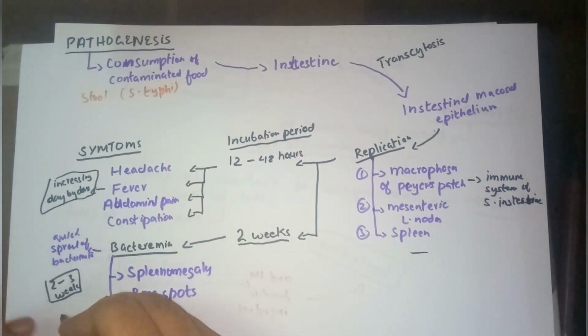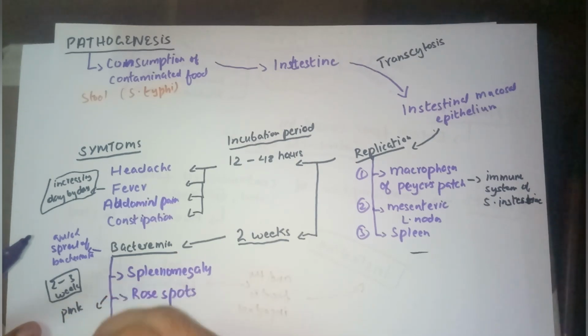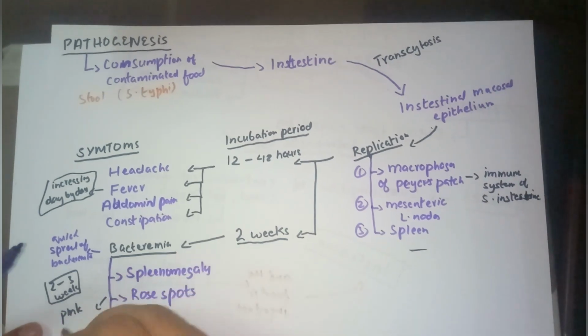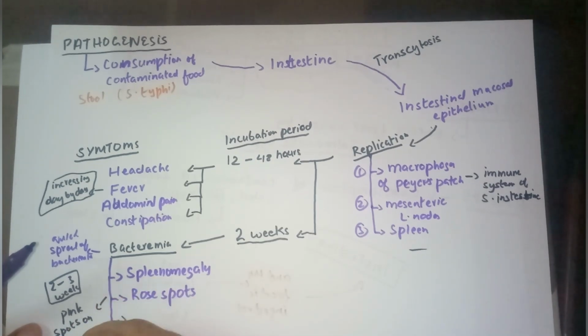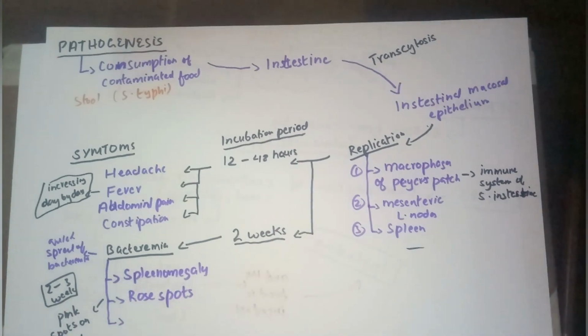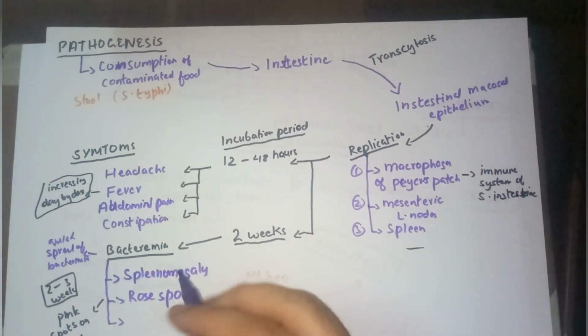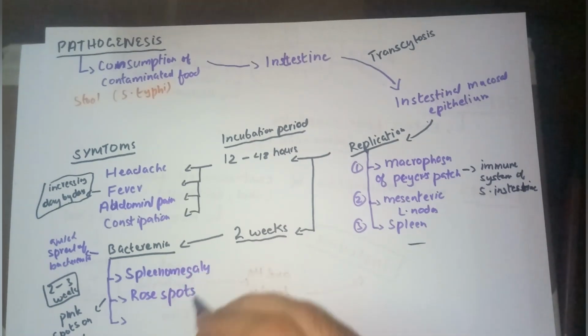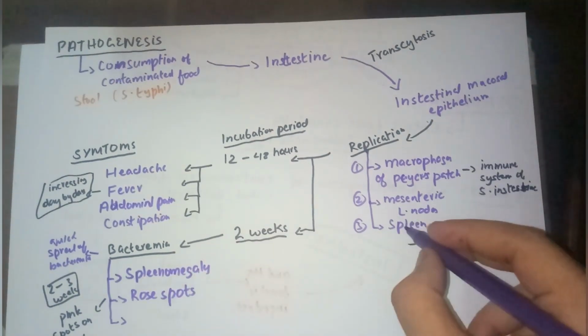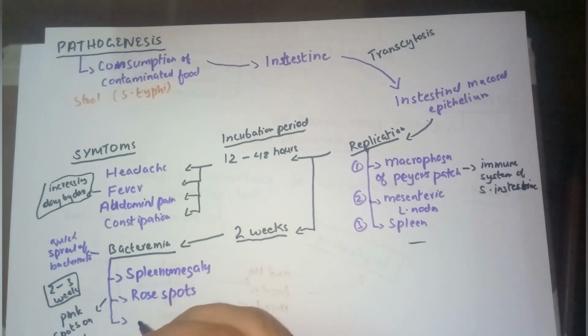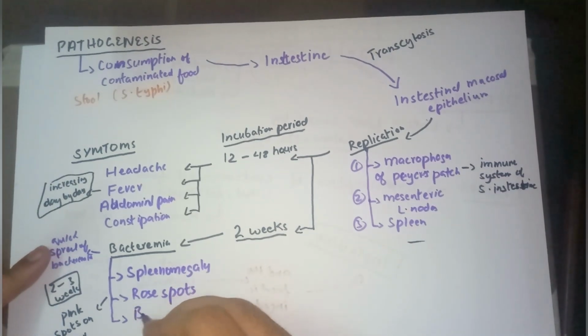Let me write, because this is very common after 2 weeks. Okay, so you have seen too many different things are happening. Splenomegaly is dangerous because bacteria have divided a lot inside the spleen, as we discussed here. And what else is going to occur?